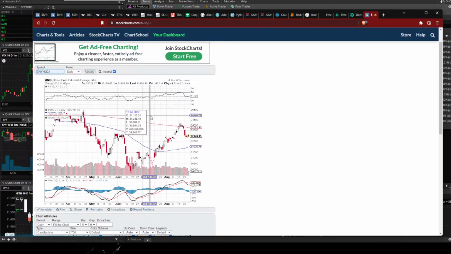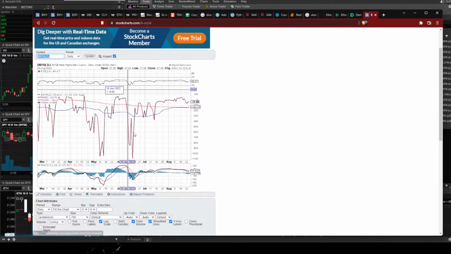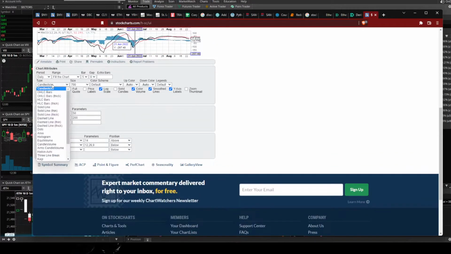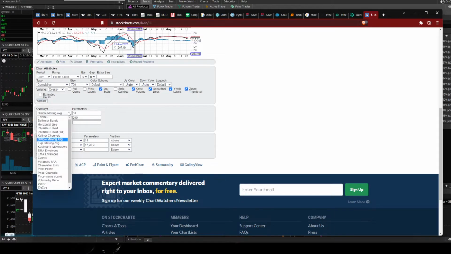NYHLDJ. This is the cumulative. That's good that I'm doing this so that you guys can do it on your own as well. Cumulative chart. I like to see the Zoom thumbnail. It's EMA. Oops. Where is it?